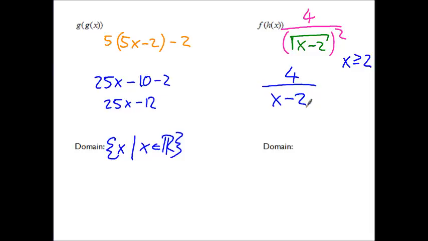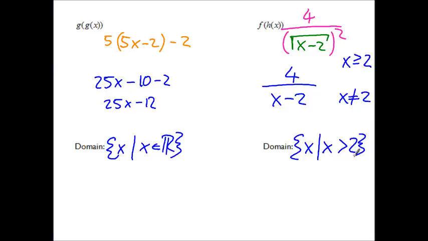Well, if x was equal to 2. So x is not allowed to be equal to 2. And since our function is fully simplified now, we have all our domain restrictions. x such that x is greater than 2.